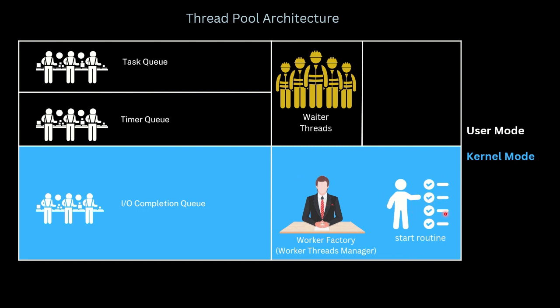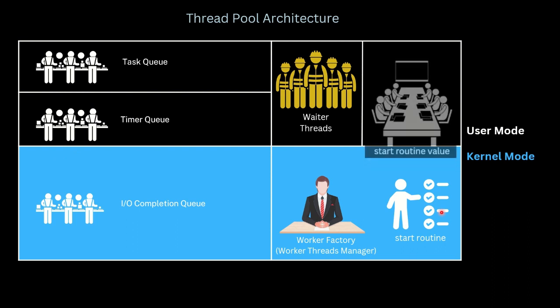But this start routine, this agenda, is created when the worker factory is created, and hence I have clubbed them together. But the worker factory will not manage this start routine. It will not dictate what these workers should do. It will only manage the number of workers. The start routine is dictated by the process, by the application code, by the developers who have written the code. They will write the start routine for the application, for the worker threads.